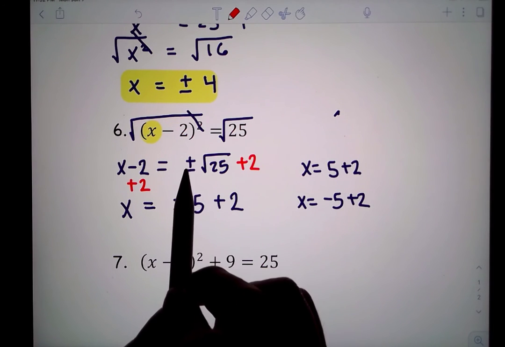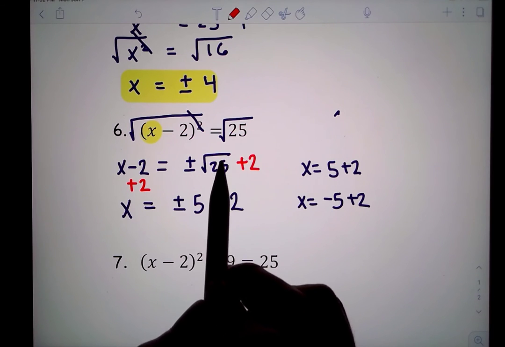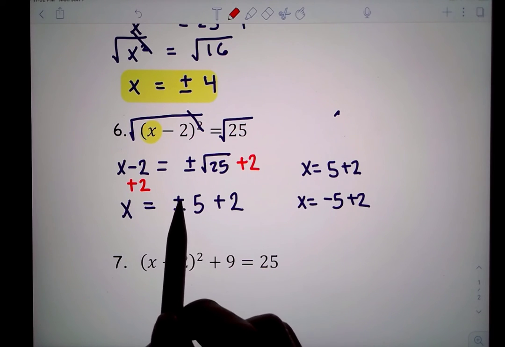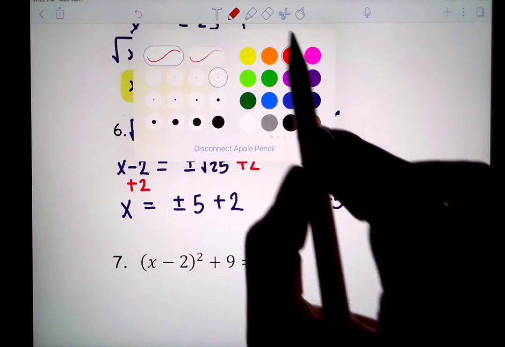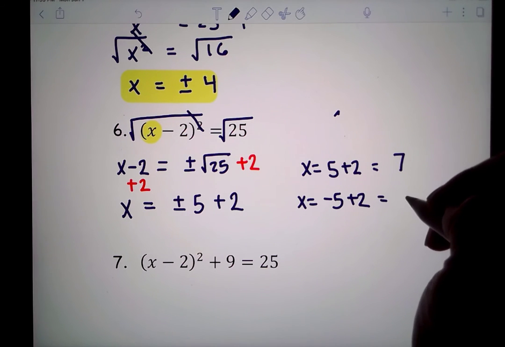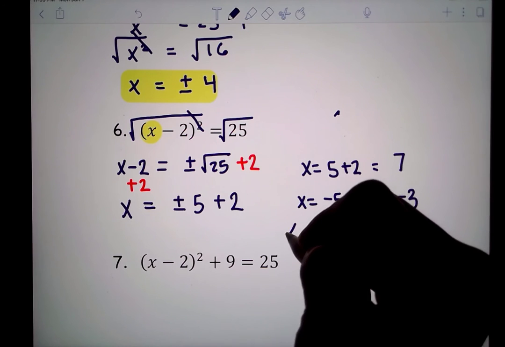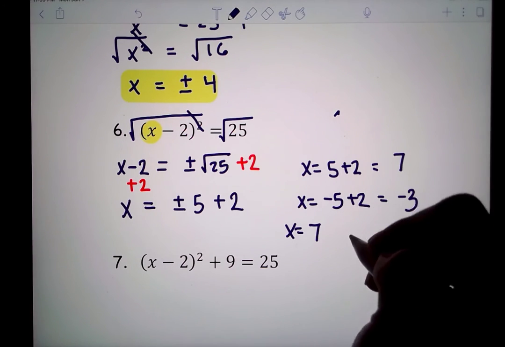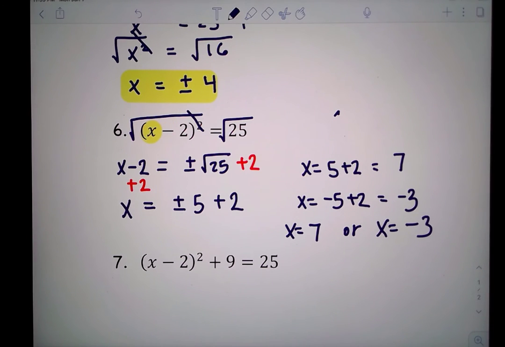And this positive, negative is only for square root of 25. And square root of 25 is 5, right? So you can just break down this plus 5 and minus 5 like that. So my solution will be 7 or negative 3. Okay, so you can answer that x equals 7 or x equals negative 3.